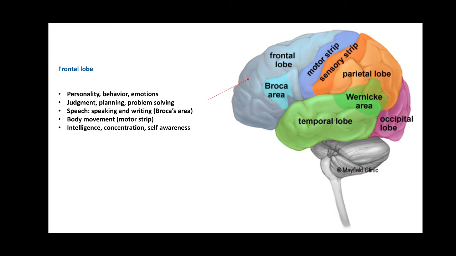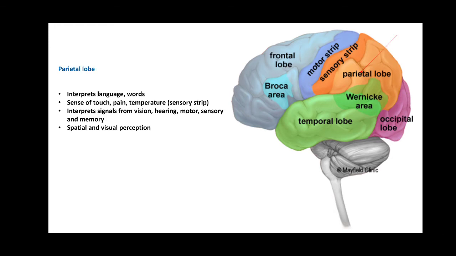These two regions majorly deal with the different types of sensory input coming from the body, the input of touch, pain, hot and cold, which come to this area where we process all the information. And the motor strip, or the motor cortex, is responsible for sending out the signal, how to move the leg, how to move the hand, how to change the position of the body. All those things are the activity of the frontal lobe.